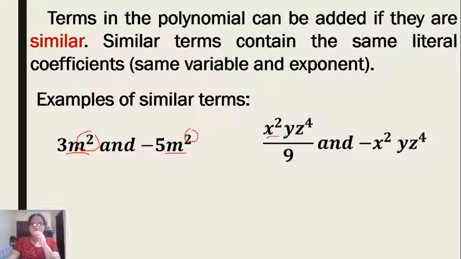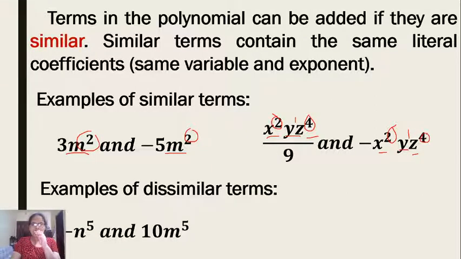They have the same variables x, y, z, and the same exponents: 2 for x, 1 for y, and 4 for z, as well as in the other term. Examples of terms that are not similar are negative n to the fifth and 10m to the fifth, because they have different variables.